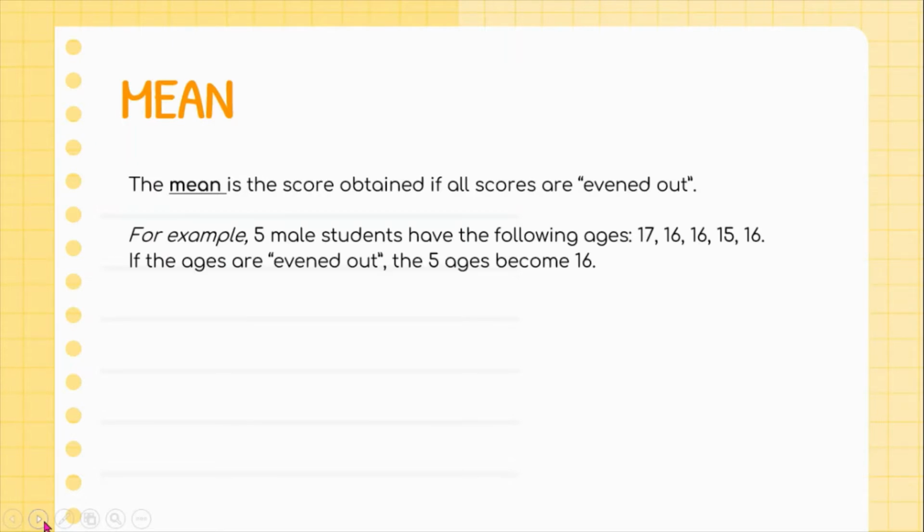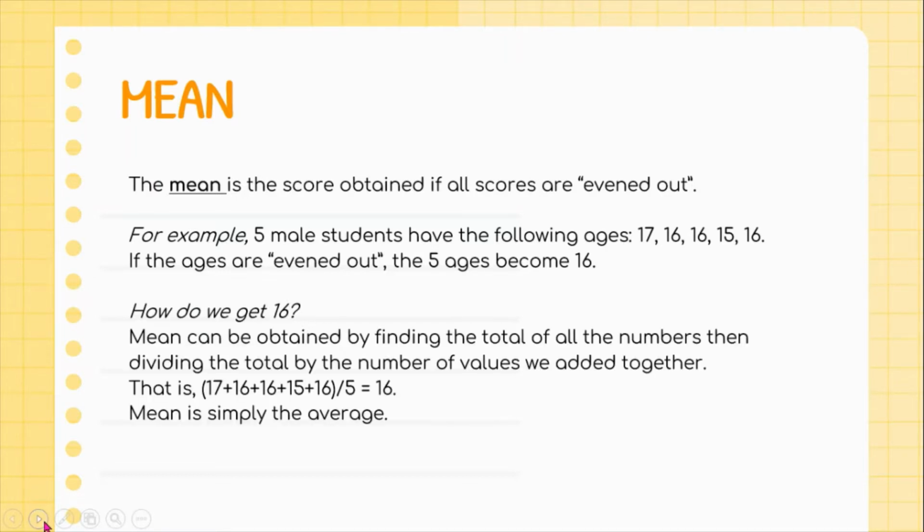For example, 5 male students have the following ages: 17, 16, 16, 15, 16. If the ages are evened out, the ages become 16. So how do we get 16?